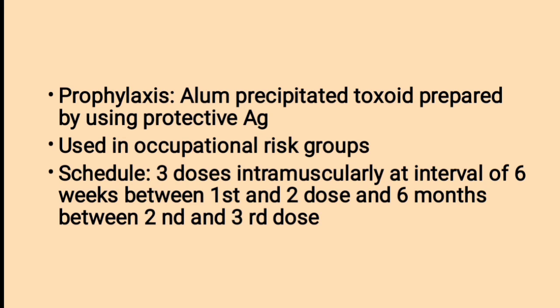It is used in occupational risk groups. What is the schedule of this vaccine? 3 doses are given intramuscularly, at an interval of 6 weeks between the first and second dose and 6 months between the second and third dose. This is all about prophylactic measures of Bacillus anthracis.